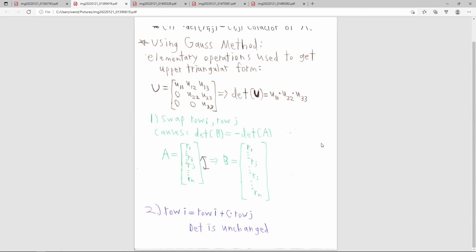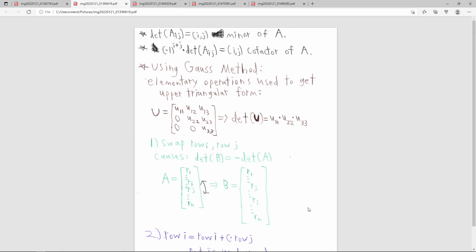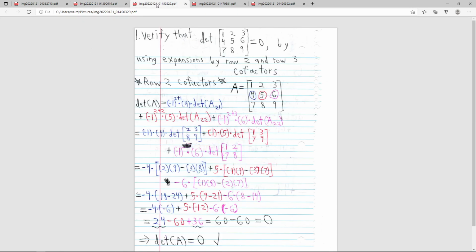Very important to remember if you ever do that. And then you can do row i equals row i plus a constant times row j. So you do a row plus a constant times another row, and that does not change the determinant at all. That's much more important for linear algebra.